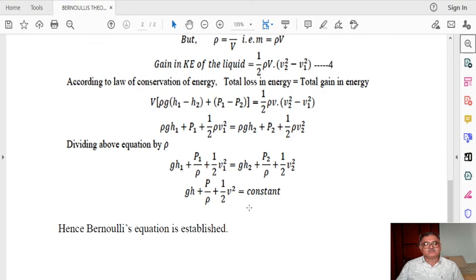Whenever a question asks you to derive Bernoulli's equation, you have to come up to this, and in this way you will be able to solve it.